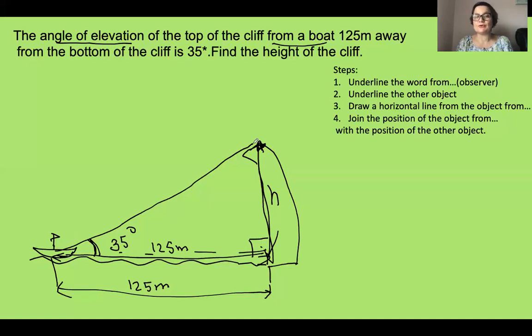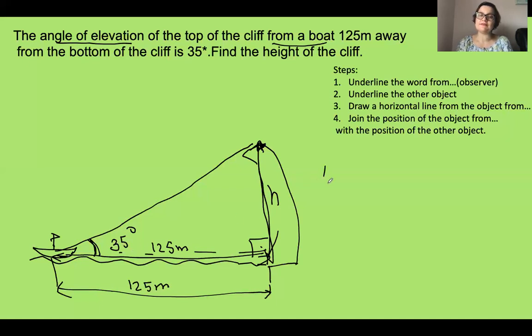So after I drew the angle of elevation, I ended up with a right angle triangle, and h is the opposite side of the angle of elevation. And I have the adjacent as well, 125 meters. That means I can apply the tangent ratio.